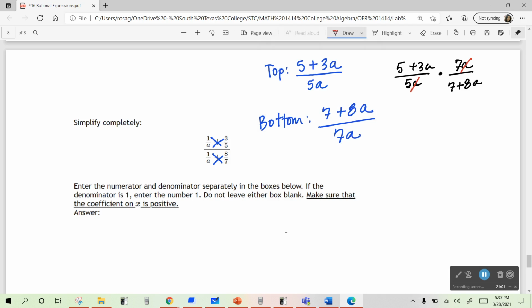You can only cancel the a's, and that's it, because those are single a's. These a's have additions and subtractions with them, so you cannot do it. So then the final answer would be 5 plus 3a times 7 divided by 5 times 7 plus 8a.